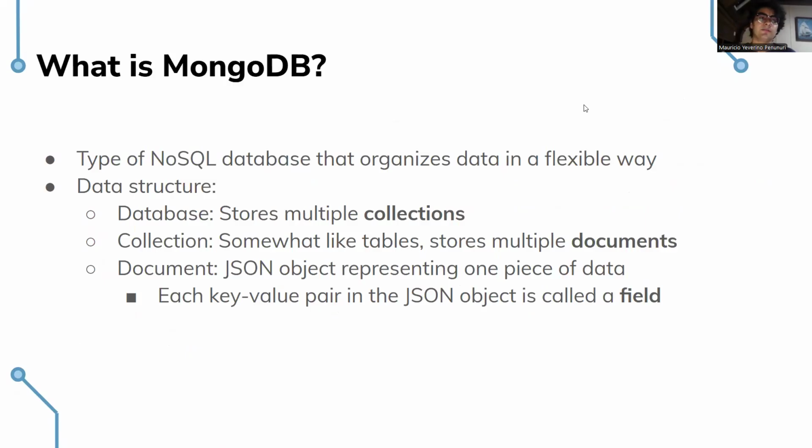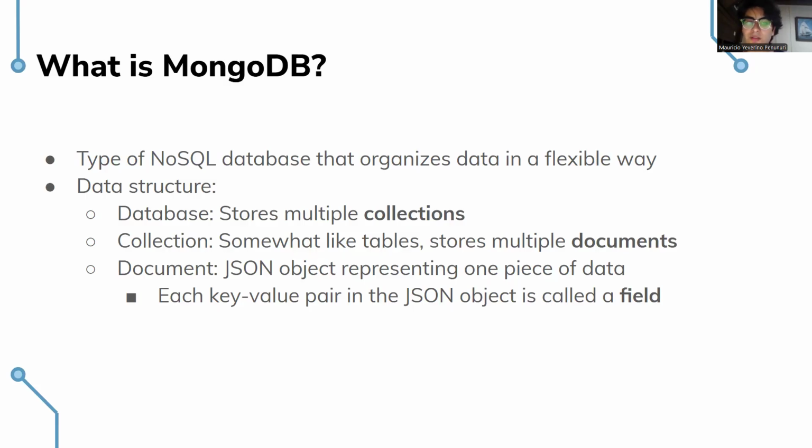MongoDB is a type of NoSQL database. It organizes your data in a more flexible way. Your data are basically objects, JSON objects, and that's what you store in your database.